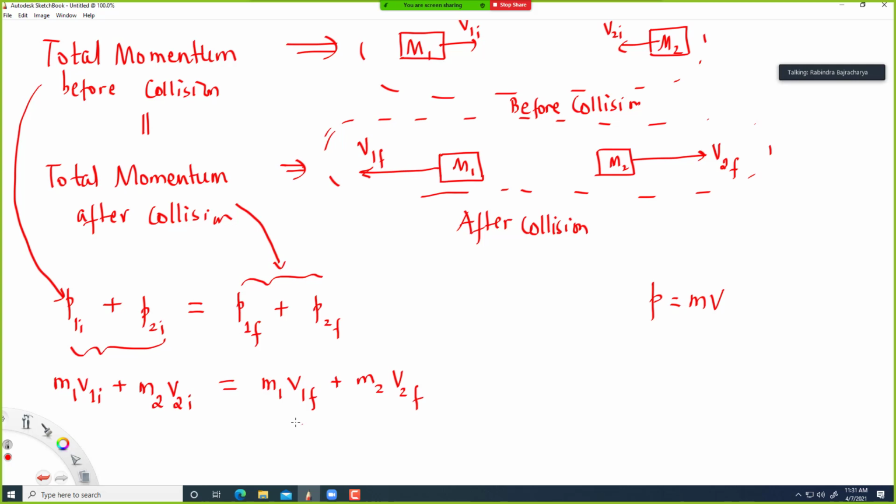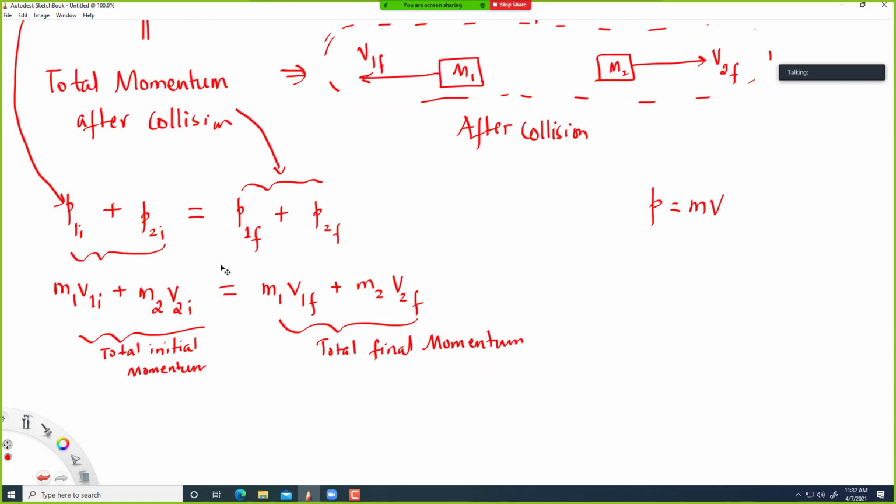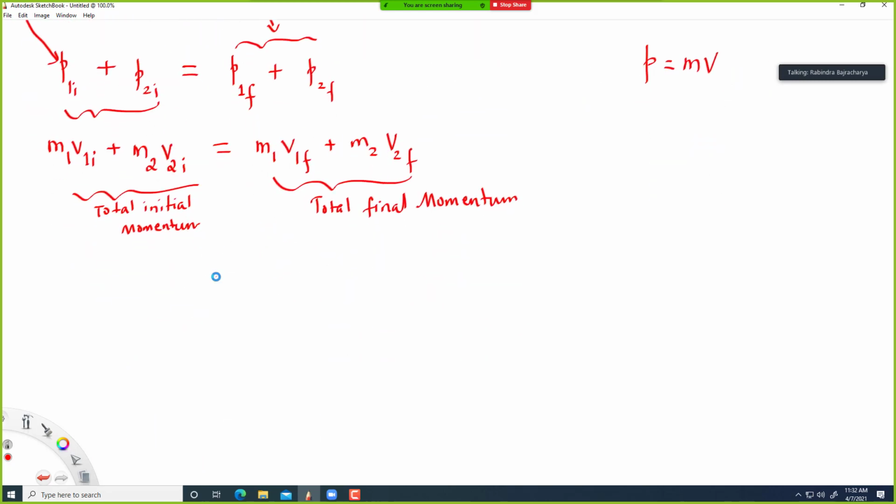Okay, so that's total final momentum. That's total initial momentum. We'll be using this in lab, so I think you will see how we use this later.